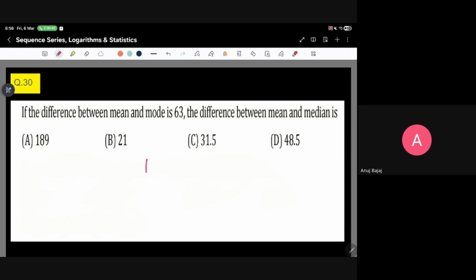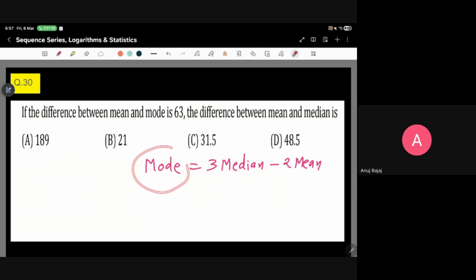So the relation between mean, mode, and median is mode equals 3 median minus 2 mean. And if you face difficulty in remembering this, you can remember it like this: 3 minus 2, 1. Okay. So mode equals 3 median minus 2 mean. Now they have given that the difference between mean and mode is 63, and we are asking for the difference of mean and median.